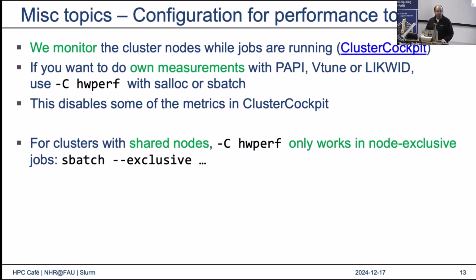And we do not allow that, of course, for data security reasons, because you can infer what application the other one runs on the different core by looking at the hardware performance data. You do not want that. So that's only allowed if you use the exclusive job. So sbatch --exclusive on Woody and Tiny would do that for you.